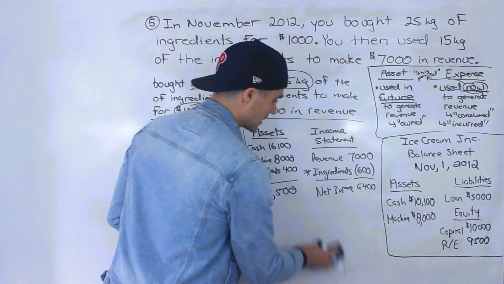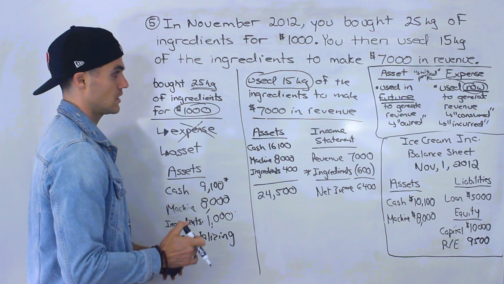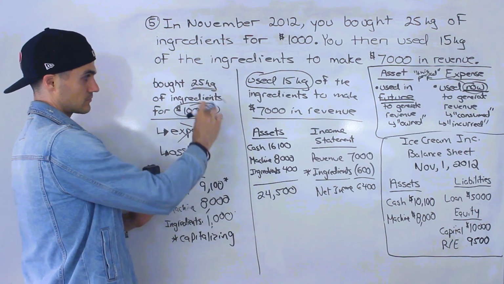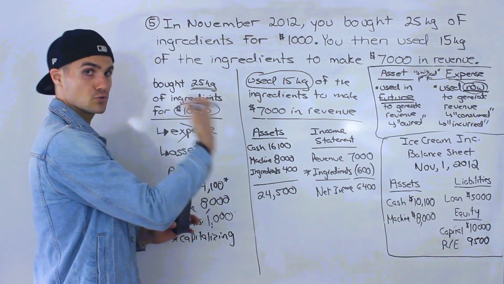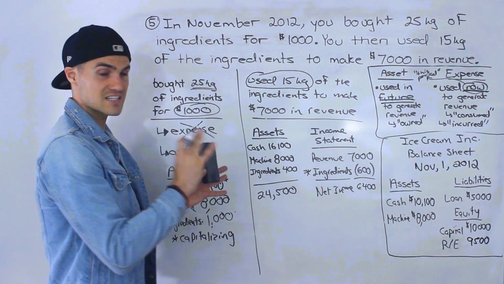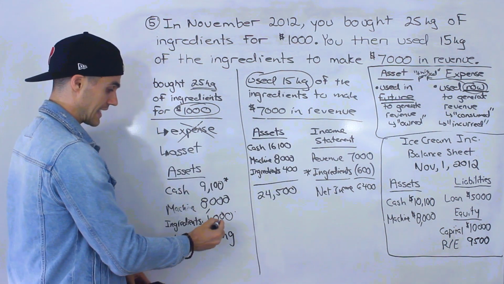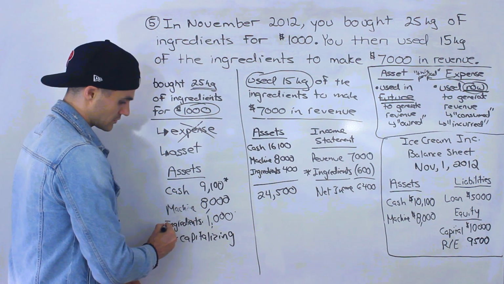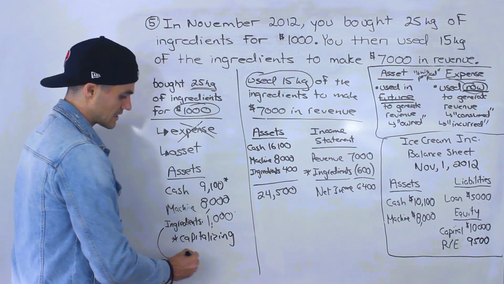So what's happening, one more time as a review, this transaction here, these ingredients, they're not being used yet to generate revenue. So we can't classify them as an expense yet. So they get classified as an asset on the balance sheet first. And actually, later on in the course, you're going to see it's not going to be ingredients.